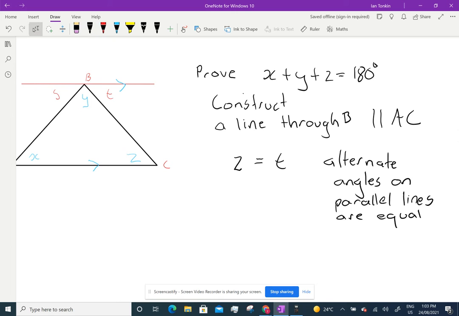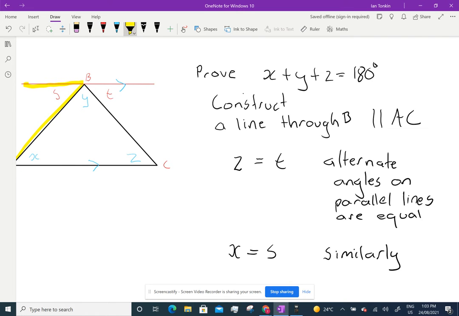Now by the same definition, and note that I keep all my letters on the same side as different things, X equals S for the same reasons. And you can see it here.